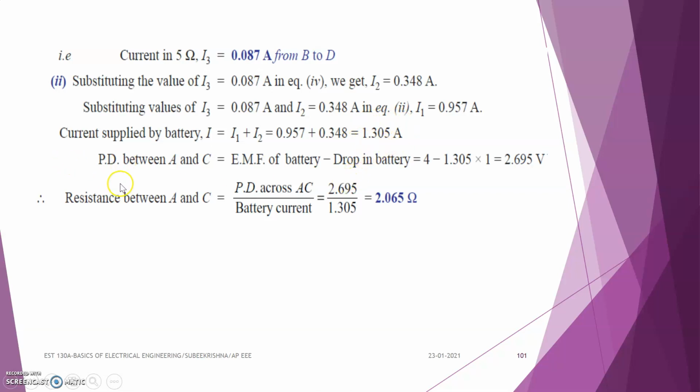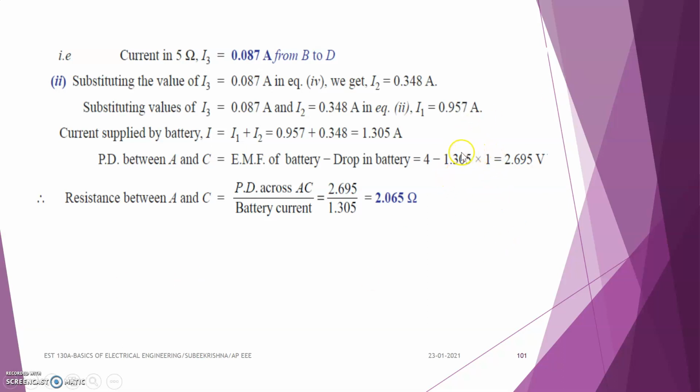Next we have to find out the potential difference between the points A and C. We can find out that value by applying this equation: it is equal to EMF of battery minus drop in the battery. We know the EMF of that battery is 4 volt, minus the voltage drop in that battery. Voltage drop is equal to current into resistance.